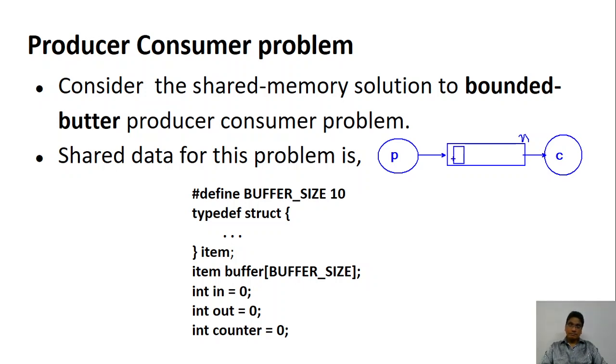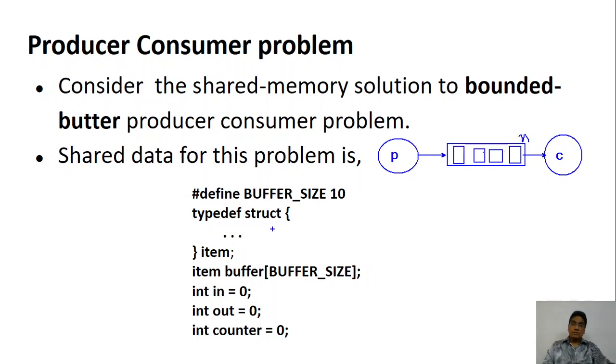In the same way, if the producer has filled all the available space in the buffer, so that means it has placed n items, then the producer has to wait until one of the items is consumed by the consumer.